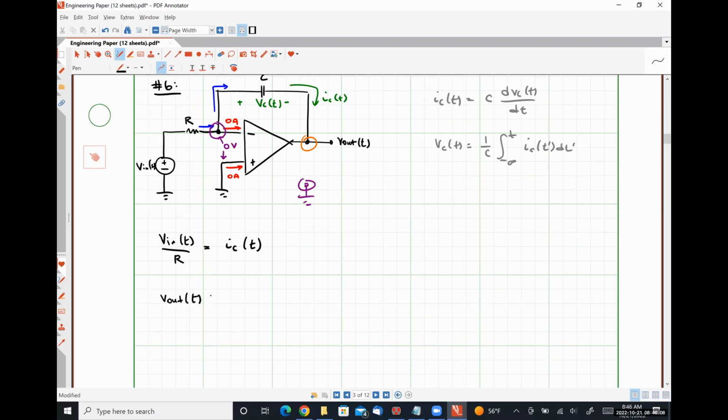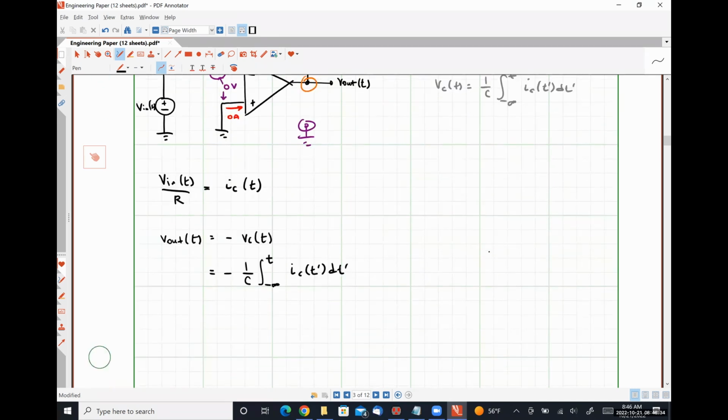V out is equal to negative VC. Well, we know that VC is 1 over C times the integral from negative infinity to T of IC of T prime dt prime.